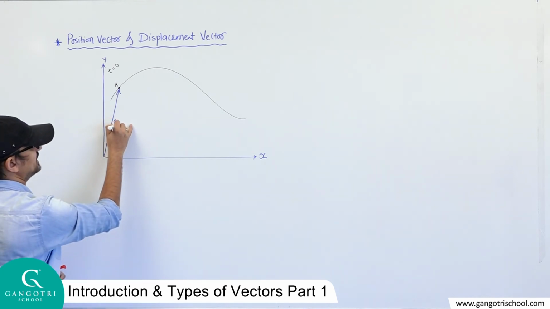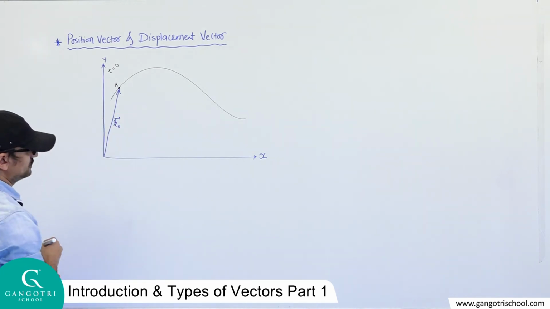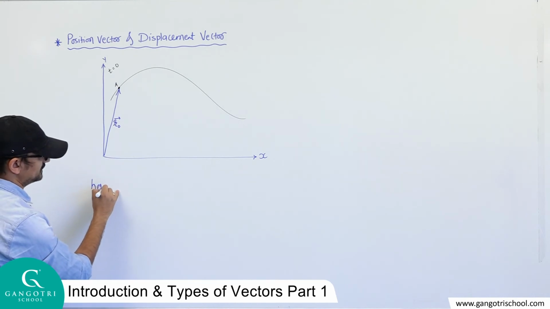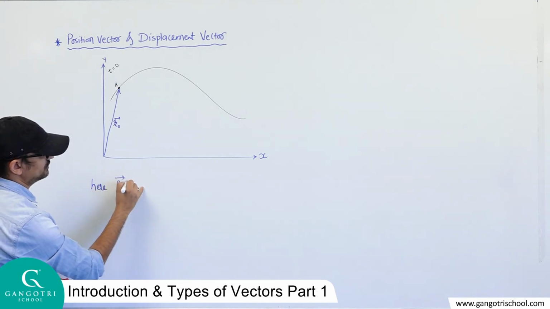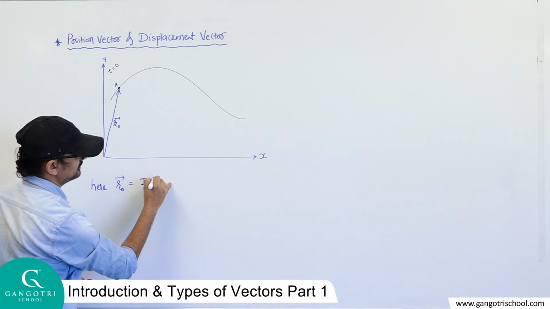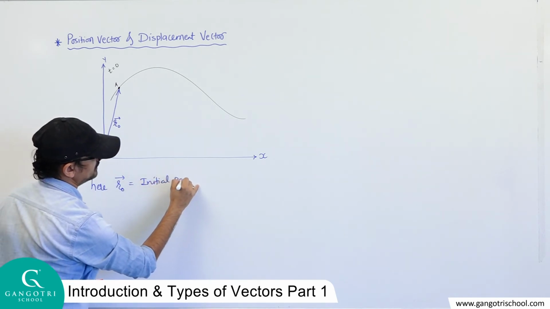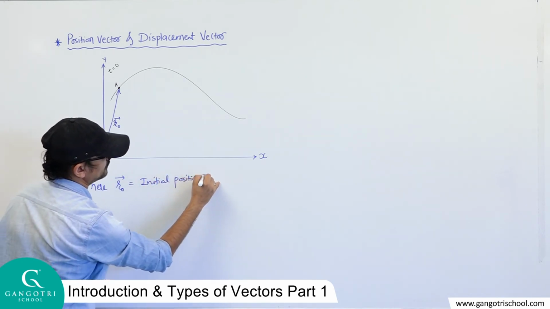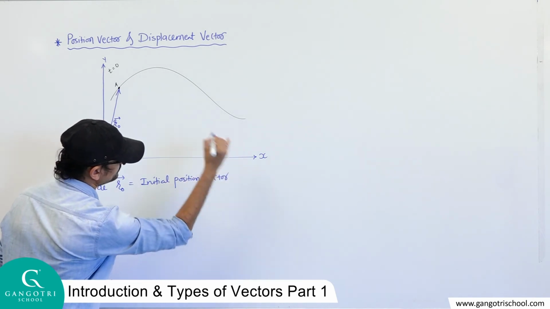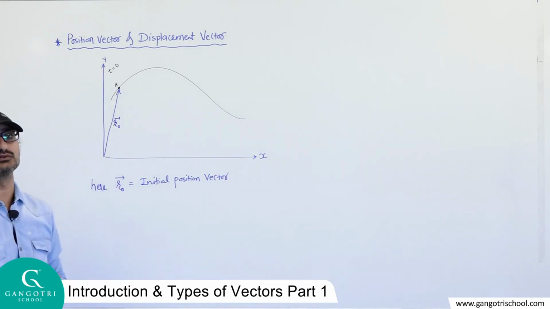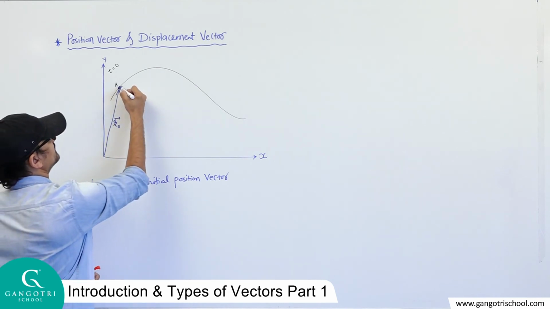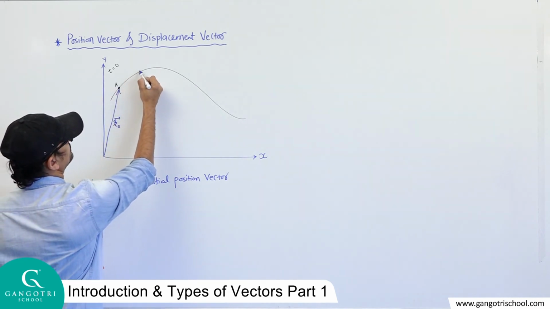Let's call it R0. So here R0 is known as the initial position vector. It represents the initial position. Now the particle performs the motion on this path.